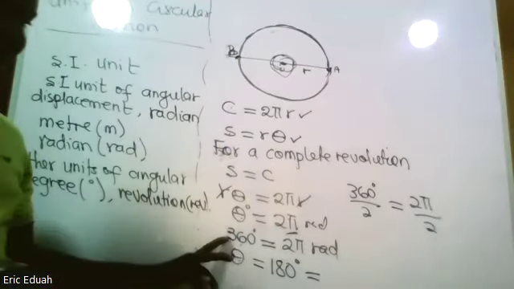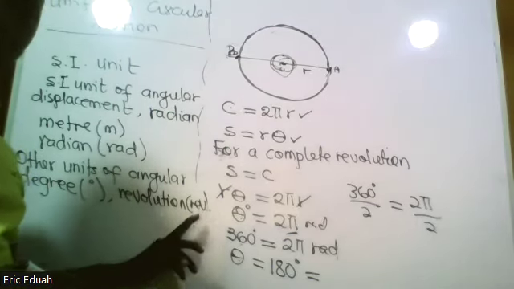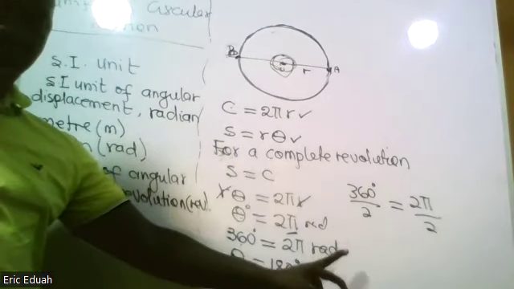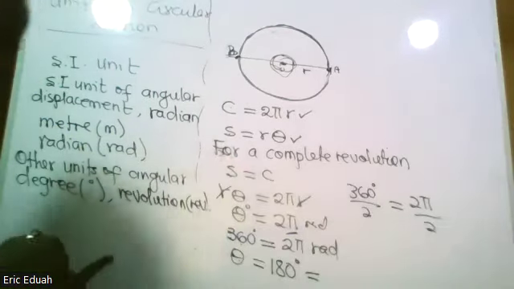So this is how to convert from degree to radian or from radian to degree.